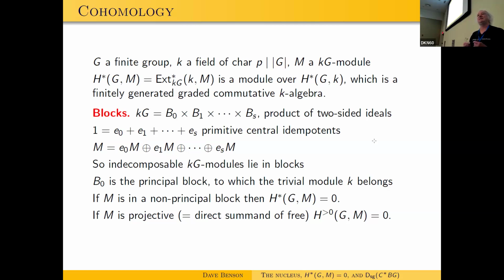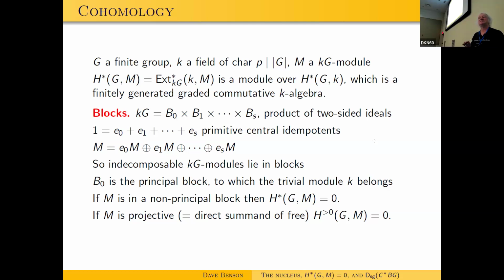You should think of a block as containing not just a part of the group algebra, but as a box for modules. And the block that the trivial module lies in is called the principal block. If a module is in a non-principal block, then it has no cohomology.